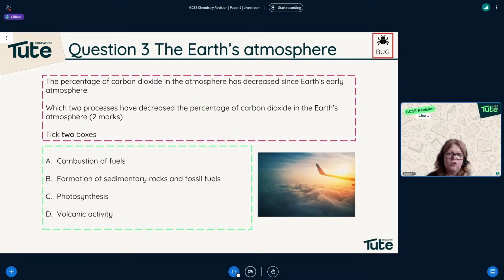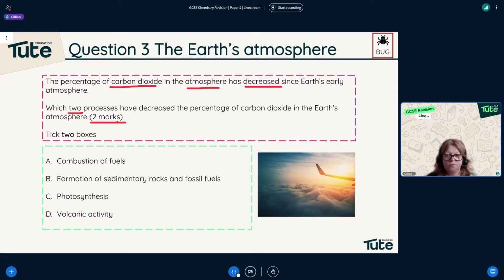So this final question is all about the Earth's atmosphere. So the percentage of carbon dioxide in the atmosphere has actually decreased since the Earth's early atmosphere. Which 2 processes have decreased the percentage of carbon dioxide in the Earth's atmosphere?